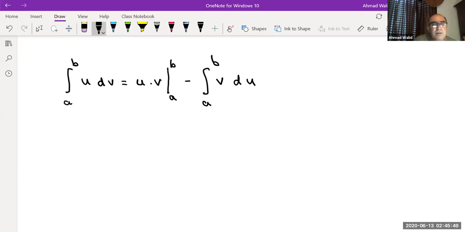Integral from 0 to 1 inverse tan x dx. Correct? dx represents the algebraic one. Inverse tan x is your inverse trigonometry, correct?